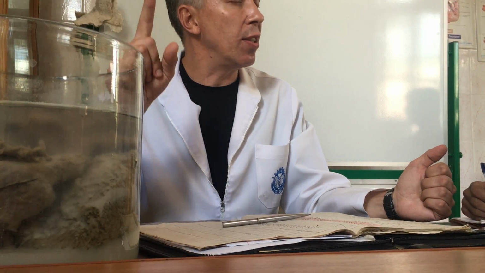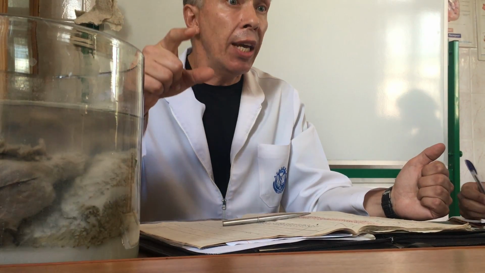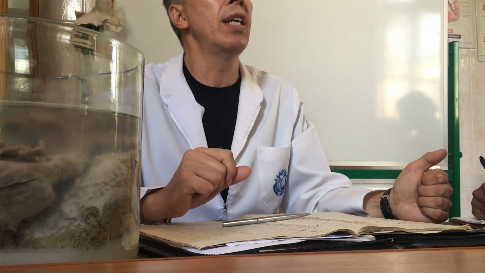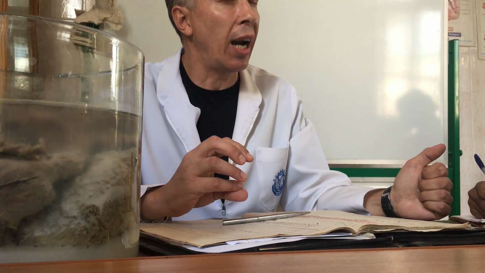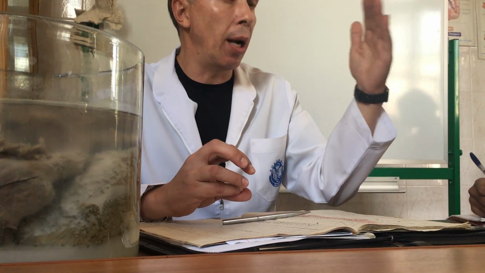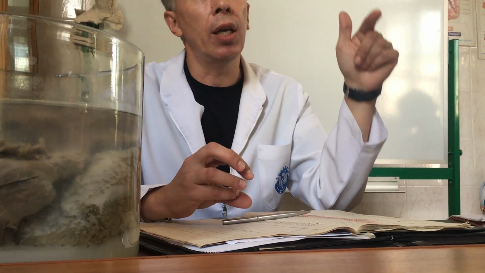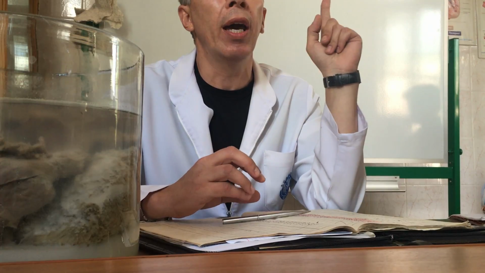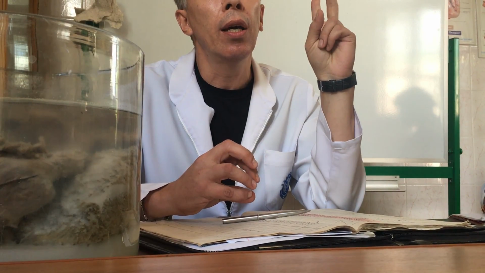Pulmonary veins. So the pulmonary veins drain into the left atrium. So the lesser circulation starts from the right ventricle by the pulmonary trunk and terminates in the left atrium by four pulmonary veins.